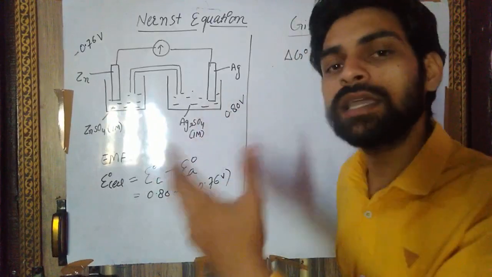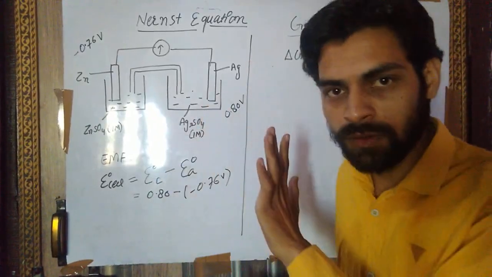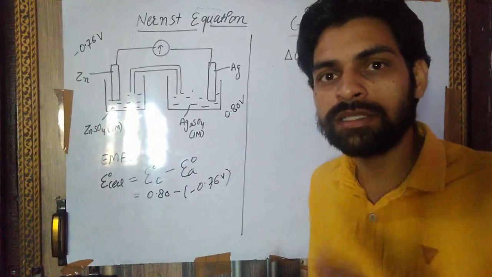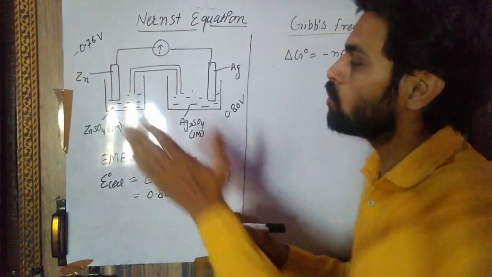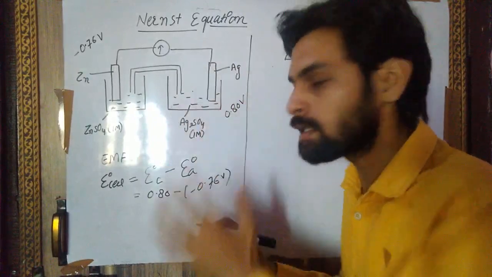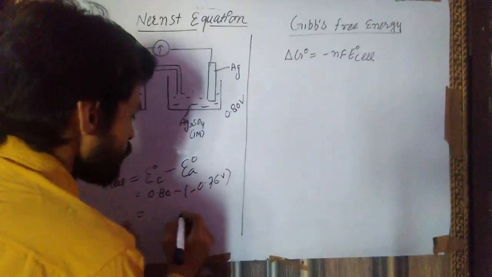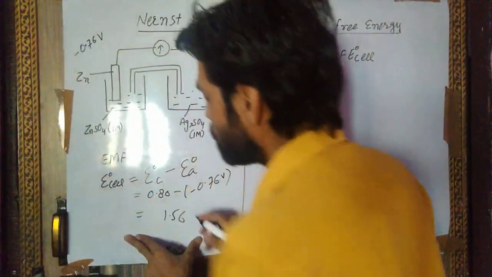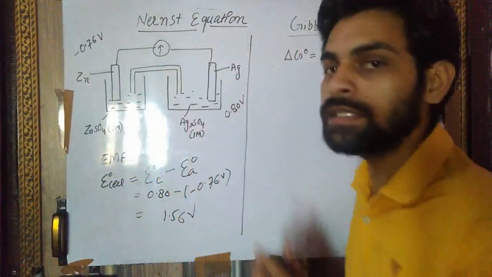The metal which has the higher value of reduction potential will act as cathode. This is the trick. You will place that metal at the right hand side. So the answer is 1.56 volt, which will be the potential difference.